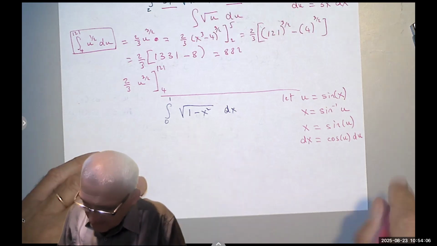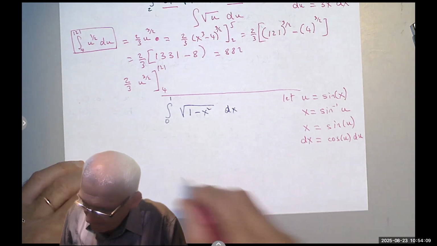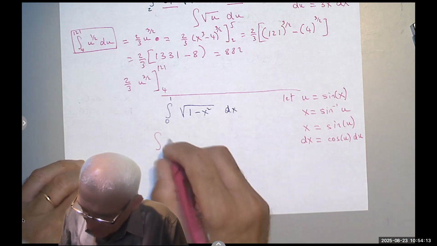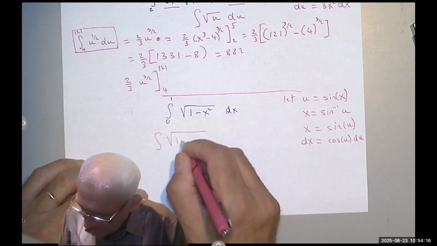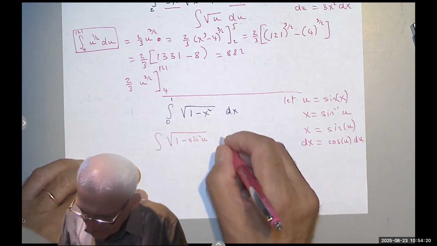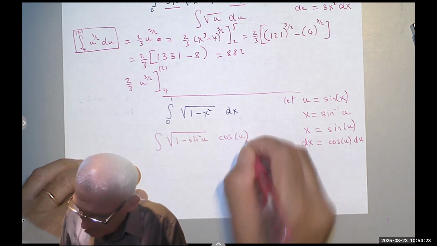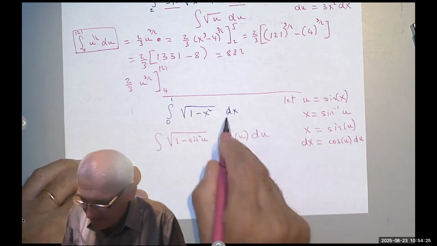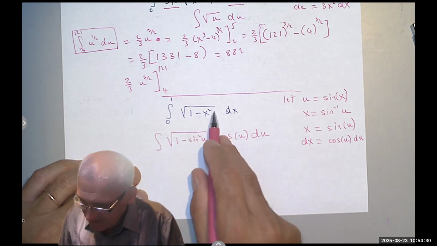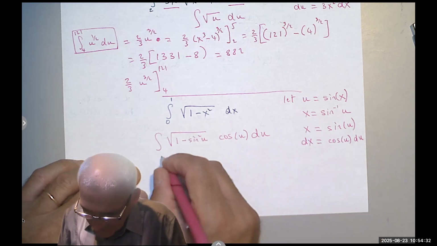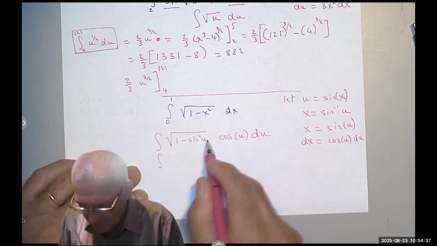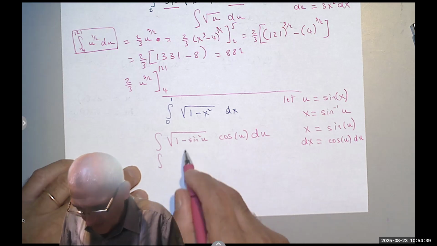Now, if I substitute here, I will get the integral of the square root of 1 minus sine squared u times cosine of u du, because that's dx. dx is cosine u du. So that becomes the integral of the square root of 1 minus sine squared, which is the square root of cosine squared, which is cosine of u.